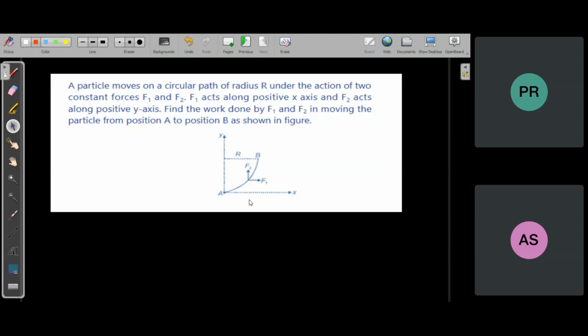So, what are you getting finally? The work done by F1 will be F1 into R only. And the work done by the particle... and the work done by F2 into R. Yeah, correct.